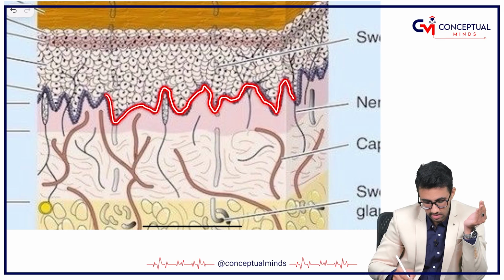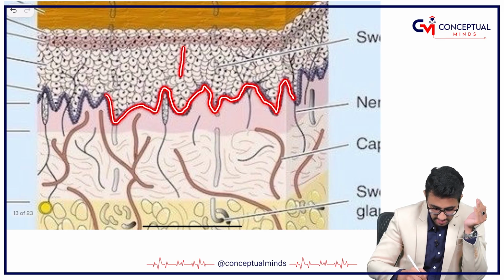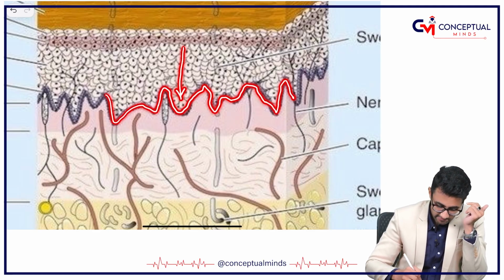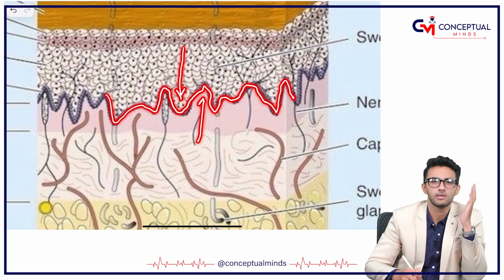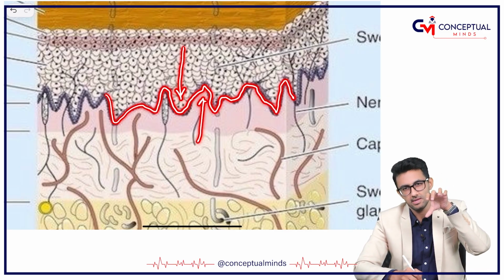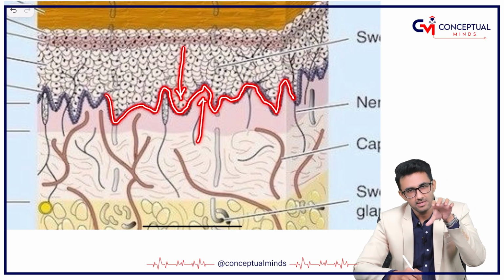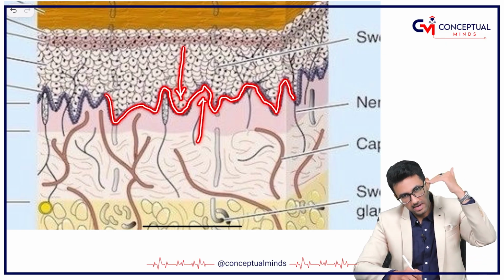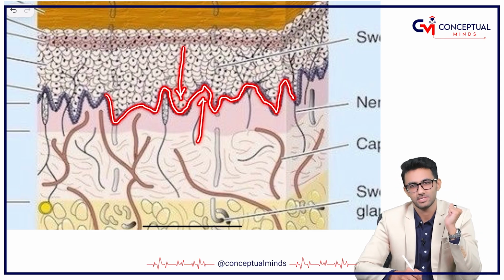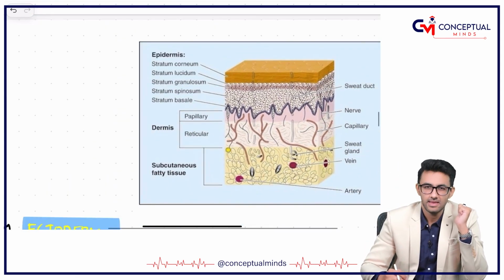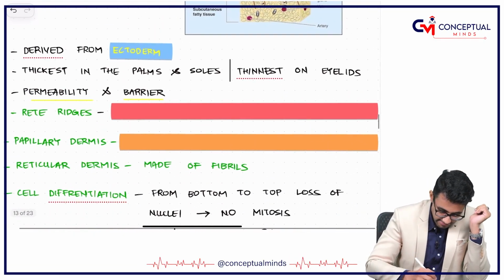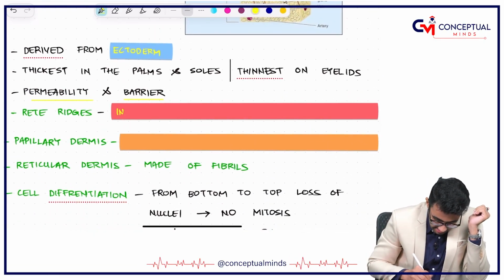If you watch closely, the epidermis is trying to enter into the dermis, and the dermis itself is giving a good answer. It is trying to enter into the epidermis. They have a very good junction. So the epidermis trying to enter into the dermis, these are called rete ridges. Did I make myself very clear? What are rete ridges? Rete ridges are invaginations.